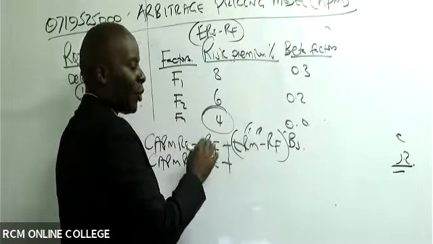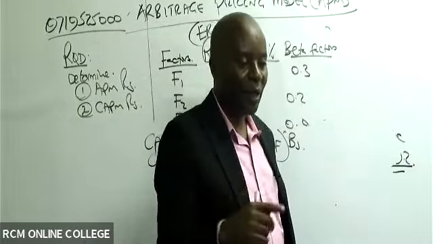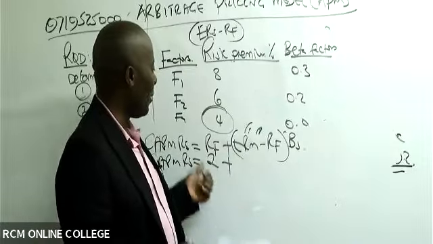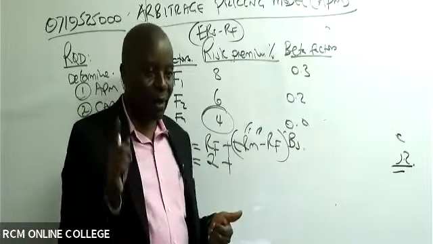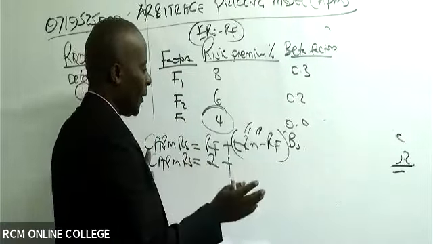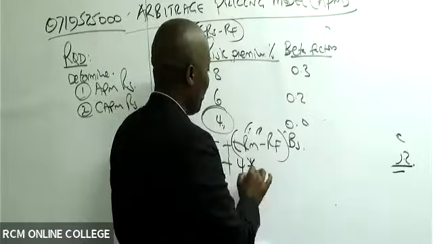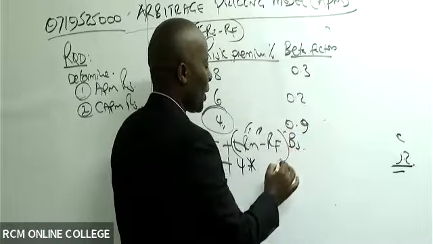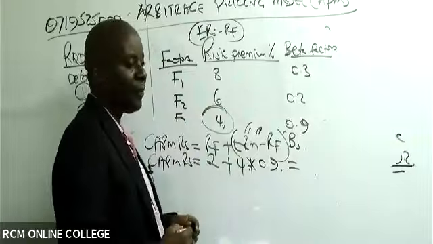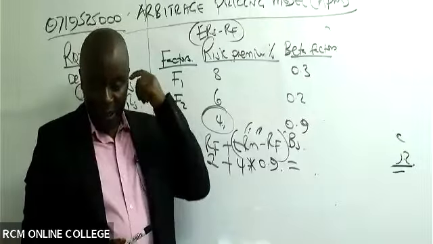Because you see, the first premium has to do with the foreign exchange index. That's not a market thing. The second one is about the exportation index. But F3, they explained and told us, is about the market. So in this case, CAPM uses the market, so this becomes the risk premium of 4 multiplied by its beta, which is 0.9. So are you able to give me this answer, my friends?